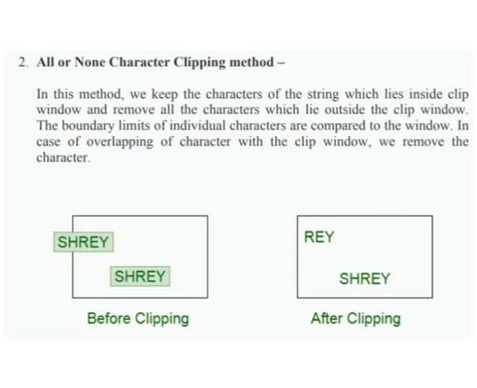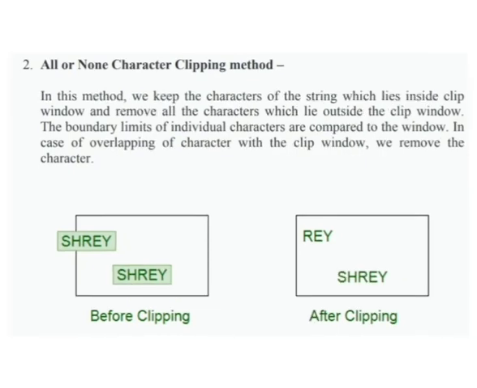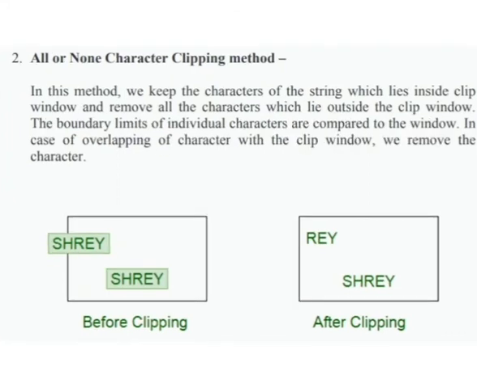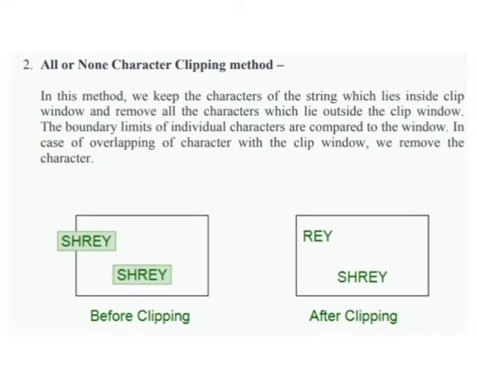The second one is the all-or-none character clipping method. In this method, we keep the characters of the string which lie inside the clip window and remove all the characters which lie outside the window, checking the boundary limits of the individual characters against the window. Here also the overlapping is checked.